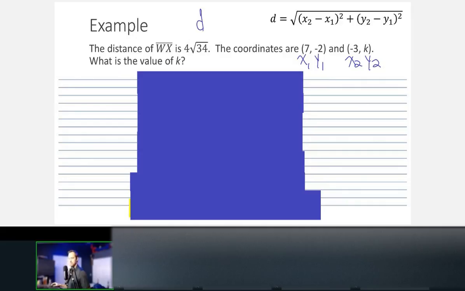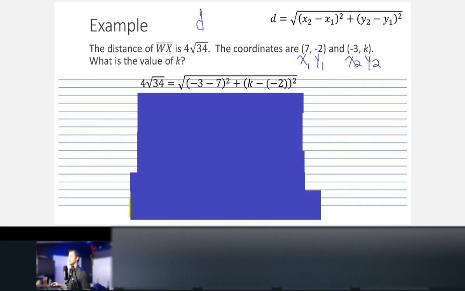All right, let's take a look. Did everyone set this up correctly? Did everyone have the parentheses where they belong?